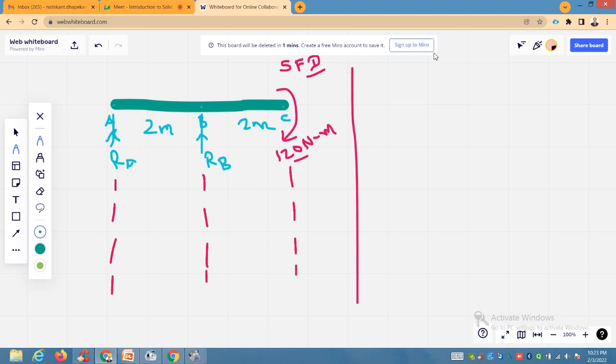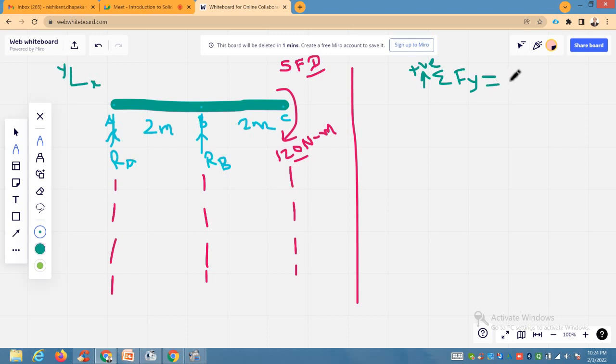So if you apply summation of vertical forces Fy, this is x, this is y direction, and upward forces, if you are taking positive, downward forces negative, so that is equal to 0.